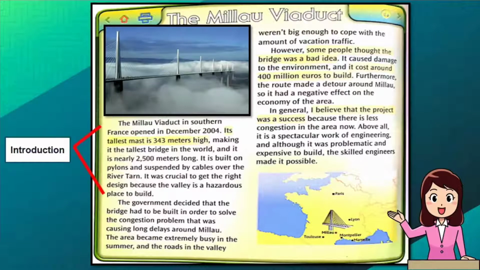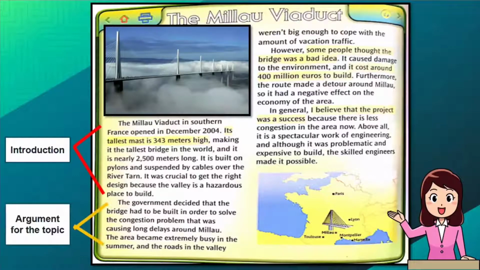In the introduction, it talks about the facts about the Millau Viaduct, or the facts about the topic that you're going to write. The second paragraph talks about the argument for the topic, or the first problem. It can be the positive sides about the topic.